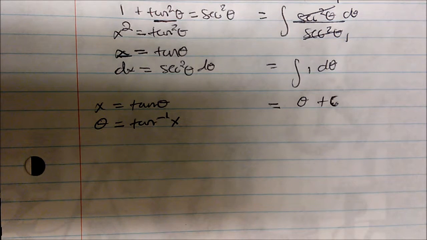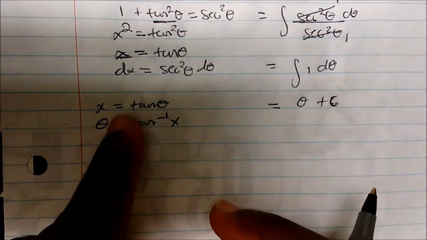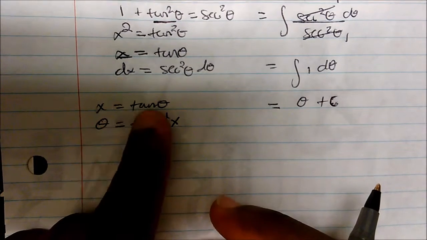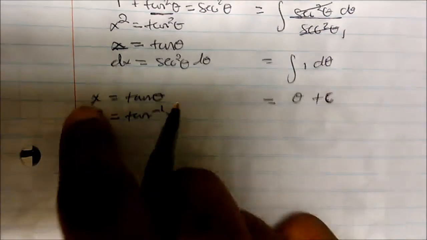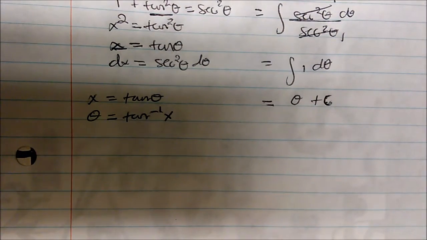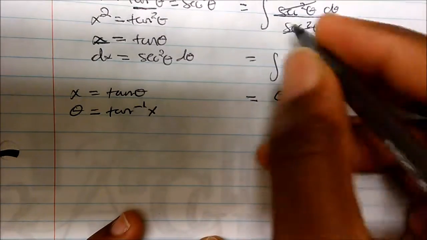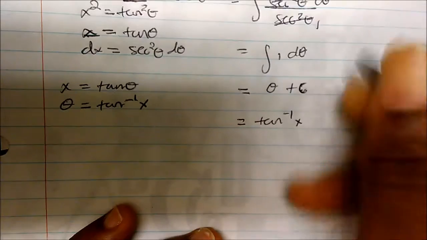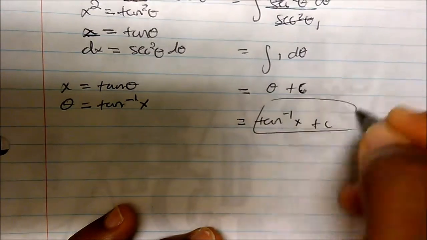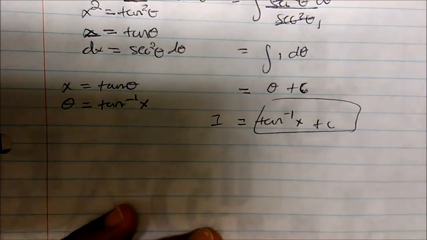Essentially, tangent inverse of tangent just cancels out, and then we have tangent inverse of x on both sides. So we're literally taking the tangent inverse on both sides. And so if we replace theta with tangent inverse of x, then we see that our integral is tangent inverse of x plus c.